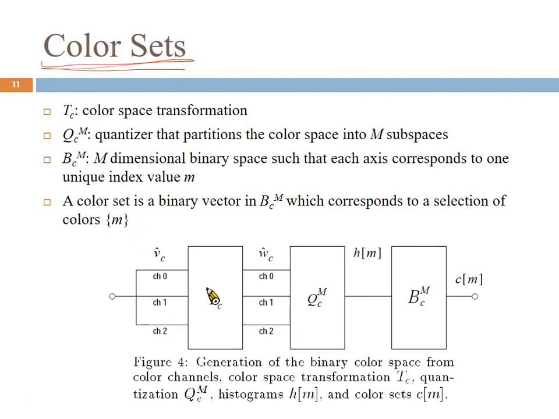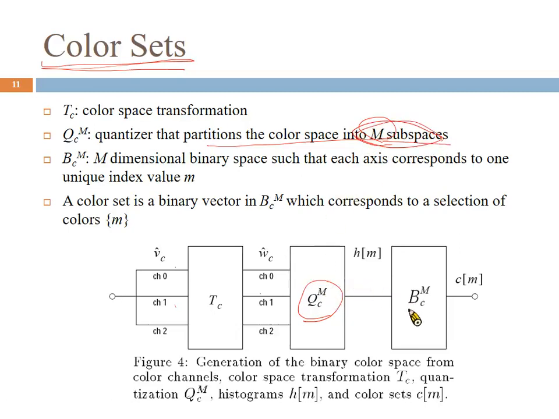So first, they transform the RGB color space to HSV color space, and then they do some quantization. QCM is a quantizer that partitions the color space into M subspaces. So you can imagine that the HSV color space is divided into M subspaces.